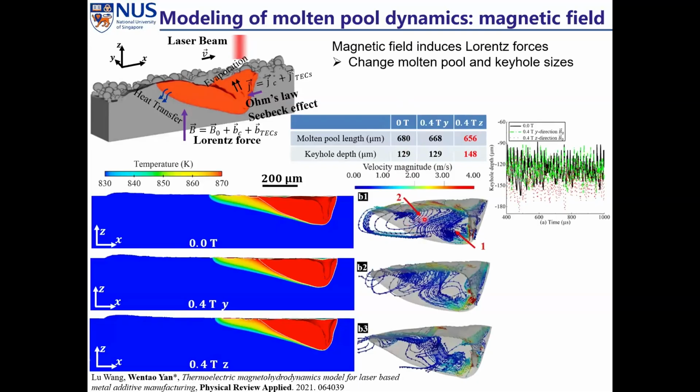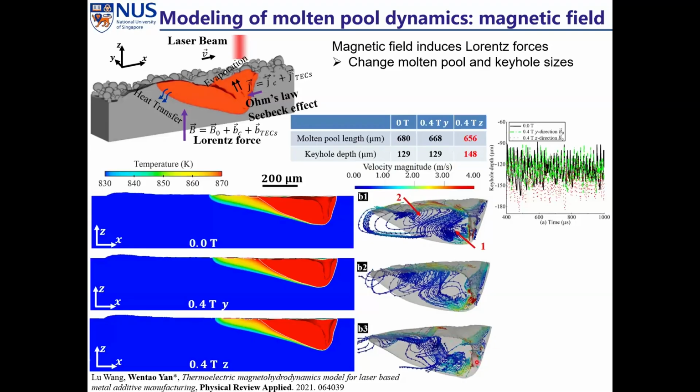The molten flow patterns become very different. So without a magnetic field, there are two vortexes, one here and one here. So when there's a bubble generated from the keyhole collapse here, the bubble will be circulating with the vortexes and cannot escape. So the porosity will always be there. But with an external magnetic field, the vortexes will be eliminated, especially this one.